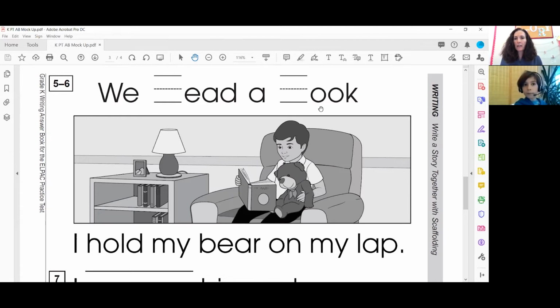Eyes on the screen. The first letter is missing from the word book. Say the word book. Book. Good. Now write the first letter of the word book.